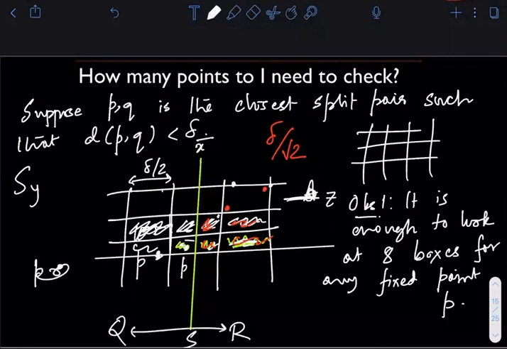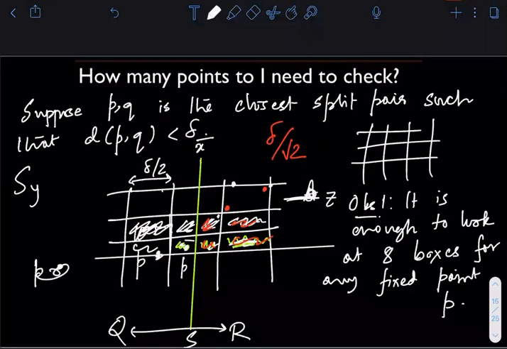Don't worry, this slide is becoming a mess, but I will write everything clearly in a few more slides. Suppose SY is the set of points sorted according to the Y coordinate. Now I am just doing a scan along this list, and somehow I am at this point P. So now all I need to do is check the next 7 points in this order.